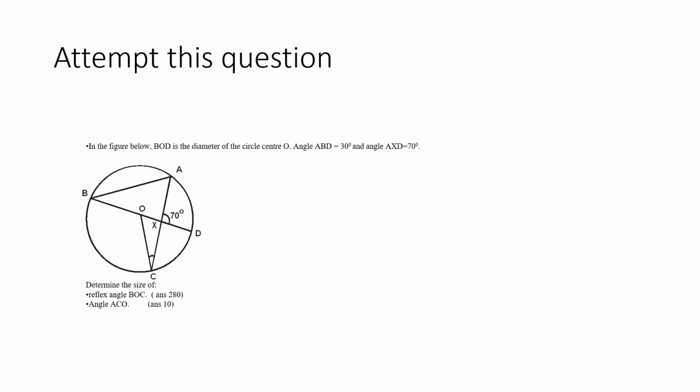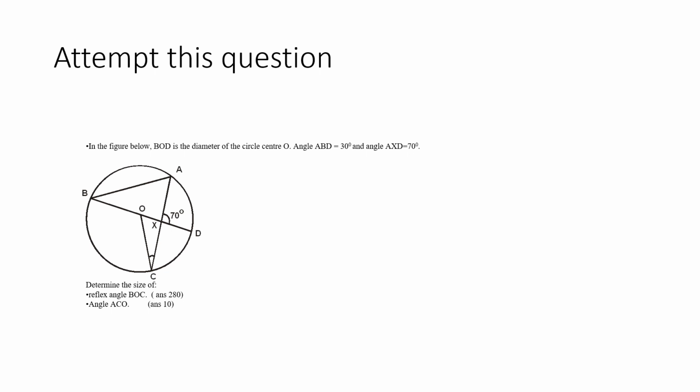So looking at triangle ABD, angle B is 30, angle A is 90. Consequently, 90 plus 30, you get 120. Subtract 120 from 180, so you get angle ADB, D for dog, ADB being 60 degrees.